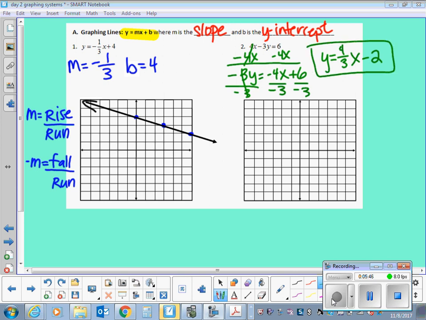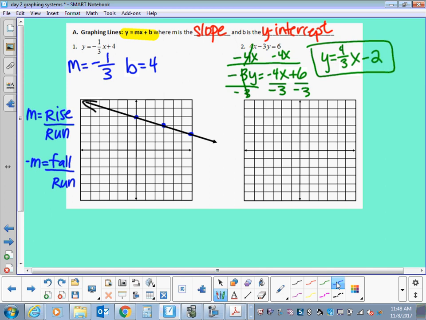Correct it to that, Daniel? Okay. So Daniel told us that our slope is 4/3, and our y-intercept is -2. Did you guys all get that? Your slope is 4/3. Your b is -2.